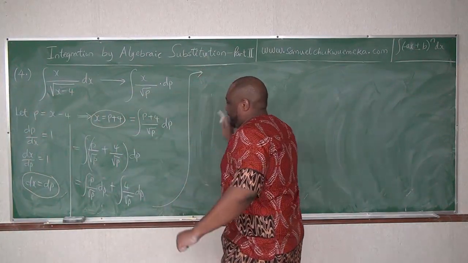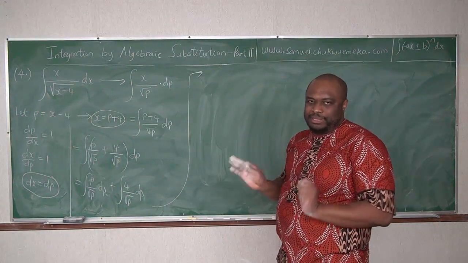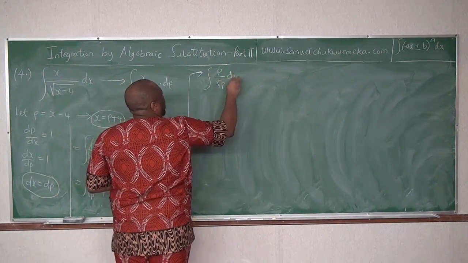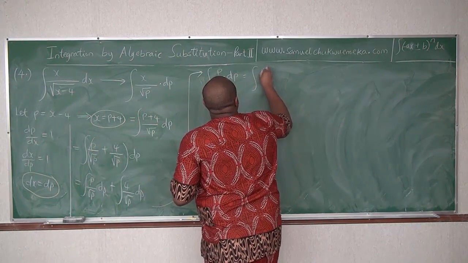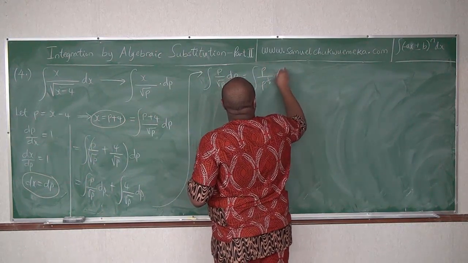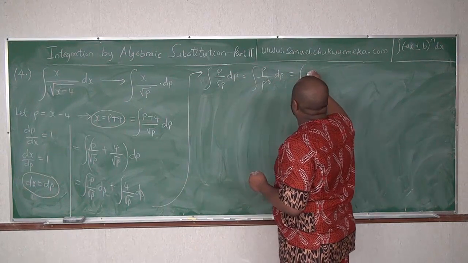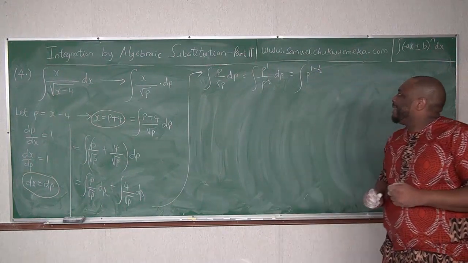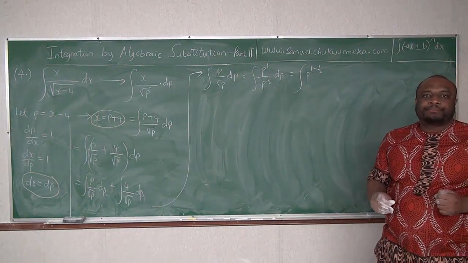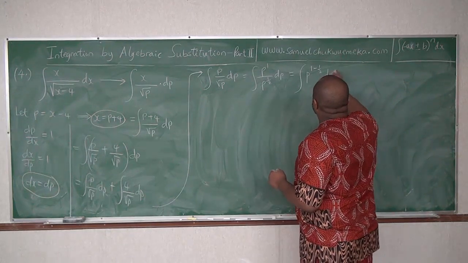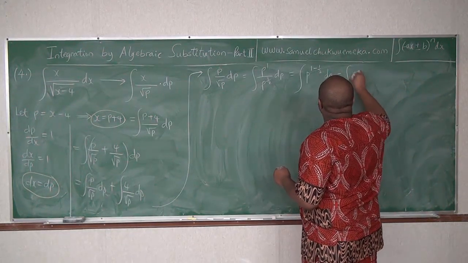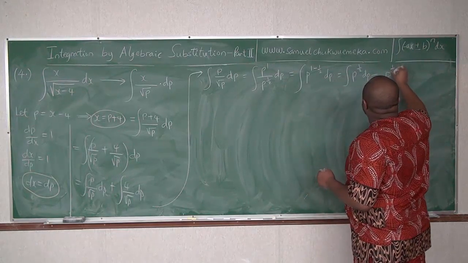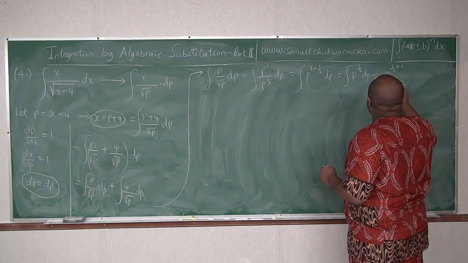I'm going to do this step by step. So the integral of p over square root of p dp means the integral of p over p exponent 1/2 dp, which is the integral of p to the 1 minus 1/2, because this means p exponent 1. So p to the 1 minus 1/2 dp, which is the integral of p exponent 1/2 dp, which is p to the 1/2 plus 1 over 1/2 plus 1.